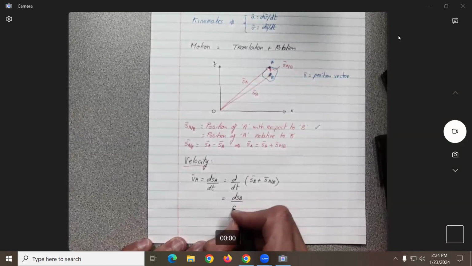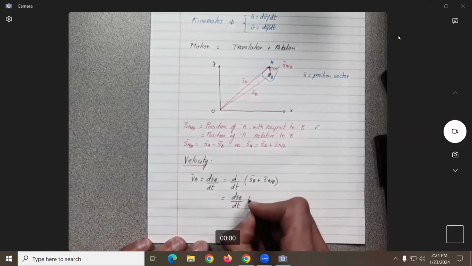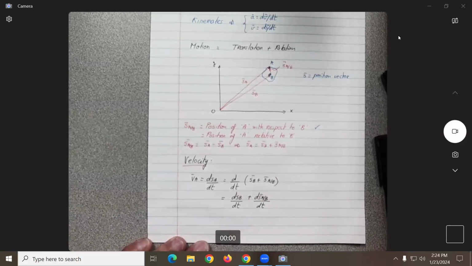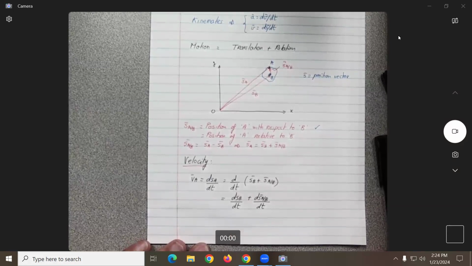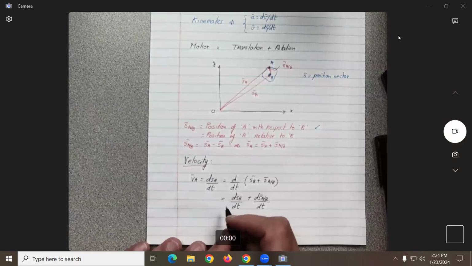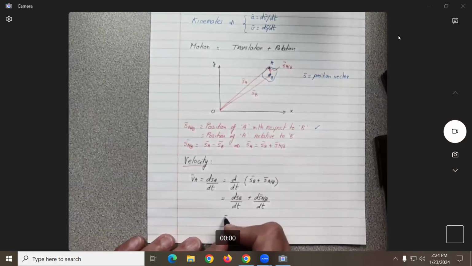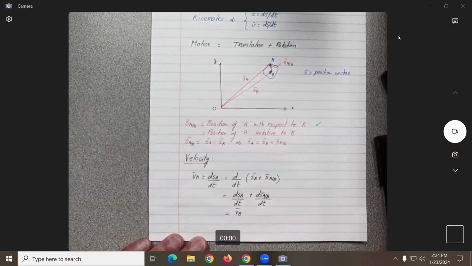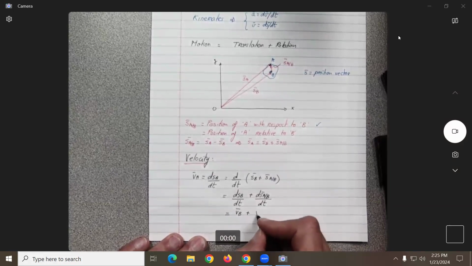dSB/dt plus d of S of A with respect to B, dt. So what is dSB/dt? It will be the velocity of B with respect to B. And this could be what?